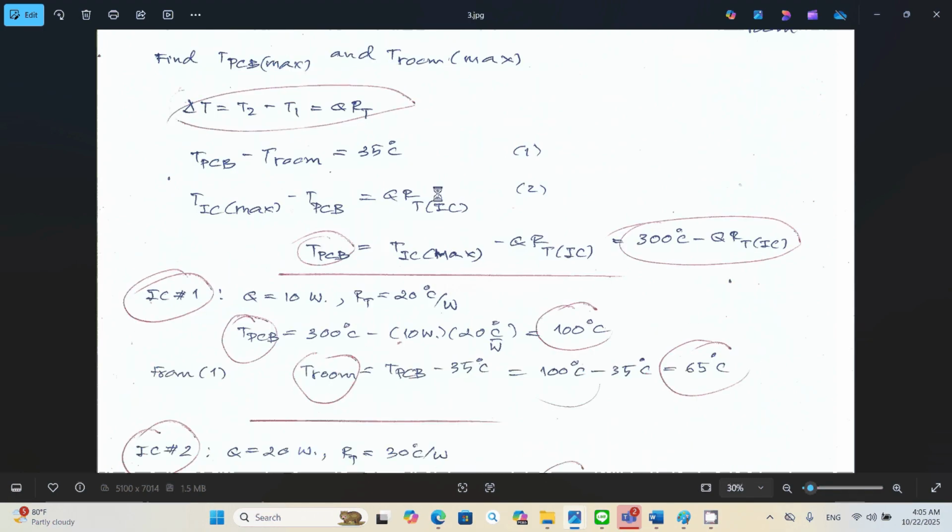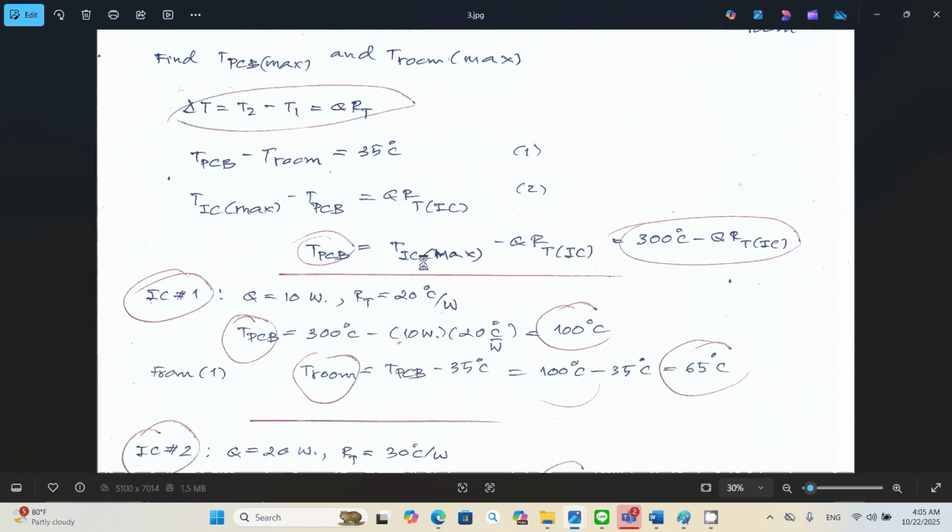So you already have two equations, and from equation 2, we are looking for TPCB max, right? So your TPCB simply equals TIC max minus QRT.